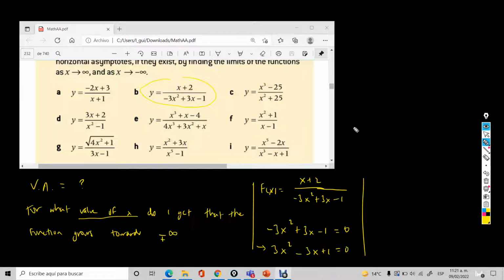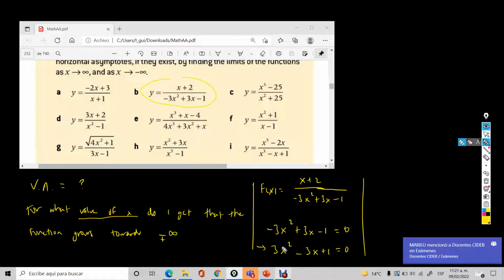Can we factorize that stuff? It doesn't have a factorization. 3 times 1. Nope. So what can you do? You can use the general formula, right?